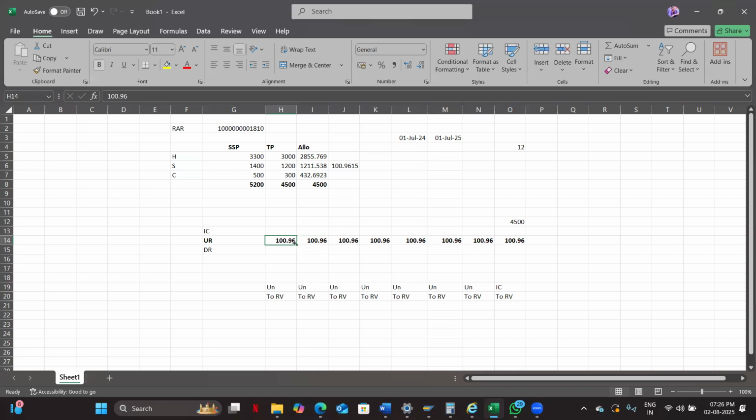Already we took it here, so again a reverse entry happens: IC account to unbilled account.